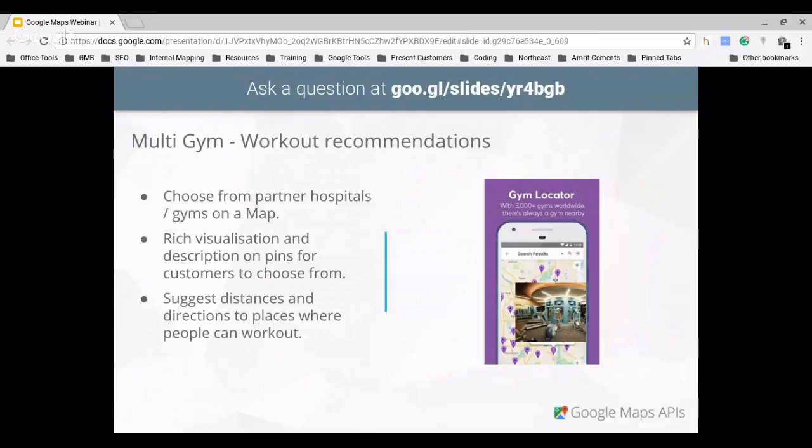You can also get the directions and distance to this place using Google Maps, and there can be vivid imagery to show people what this particular place looks like before they actually visit, right? And you can suggest distances and directions to places where people can work out. So yeah, this is the multi gym or workout recommendation or partner hospital recommendation engine.